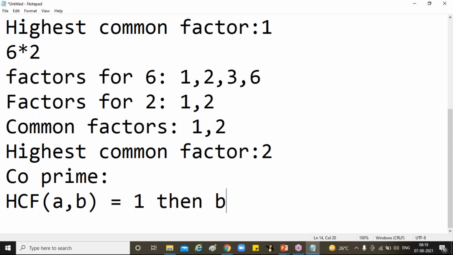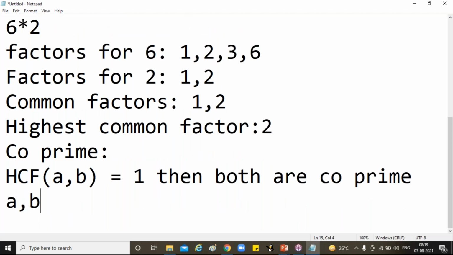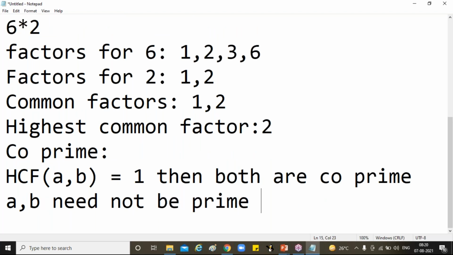Then we say that both are co-prime numbers. A comma B need not be prime numbers. Understood, all of you? So we have to take a co-prime pair.